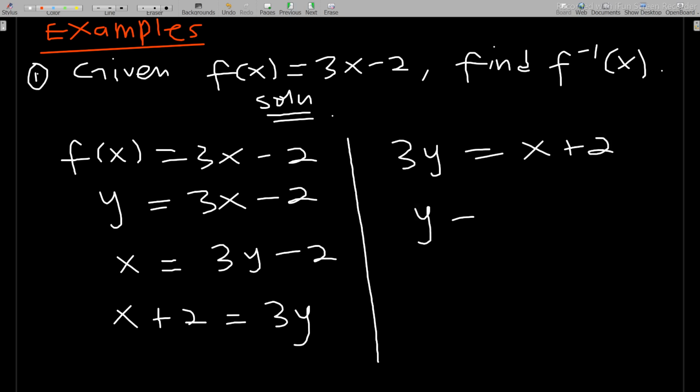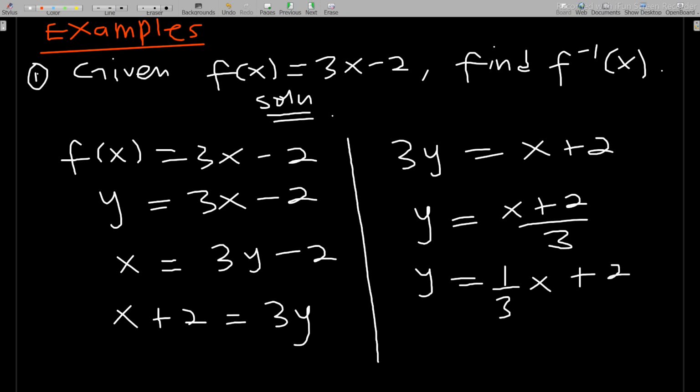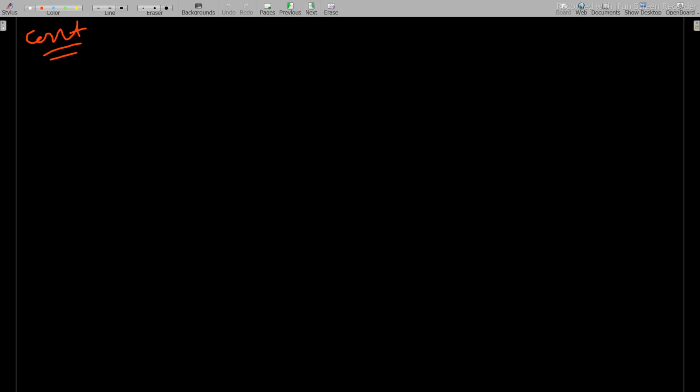Dividing through by 3, I get y equals x plus 2 all over 3, and dividing each term by 3, I get 1 over 3 x plus 2 over 3. So f inverse of x, which is the required function, is equal to 1 over 3 x plus 2 over 3.